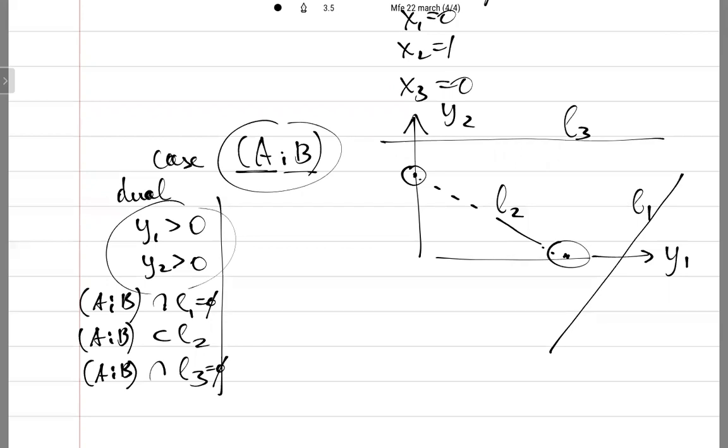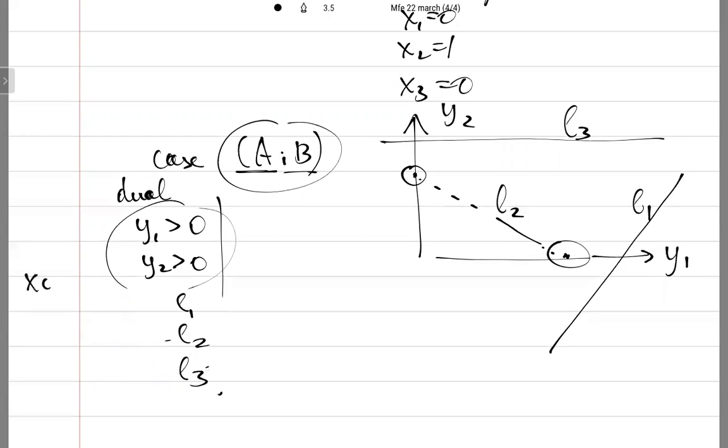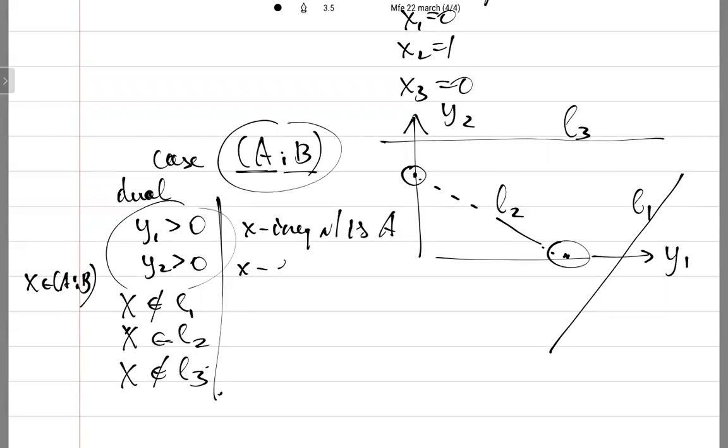Yeah. So let me write with the same, better to avoid new rules. So I will write x belongs to an interval, from A to B. So x does not belong to L1, x belongs to L2, x does not belong to L3, and I have x inequality number 1 is active, x inequality number 2 is active, x1 is 0, x2 I don't know, x3 is 0.